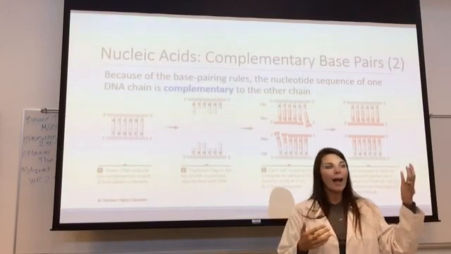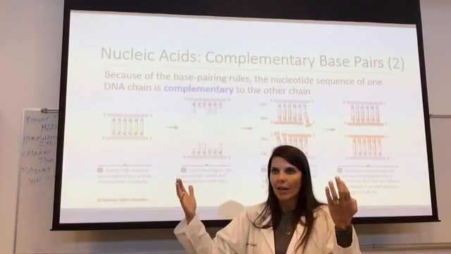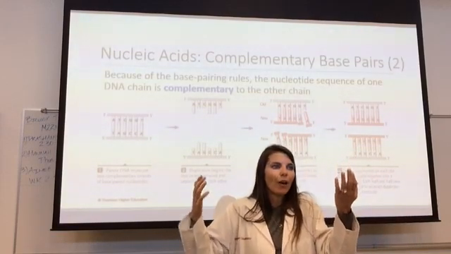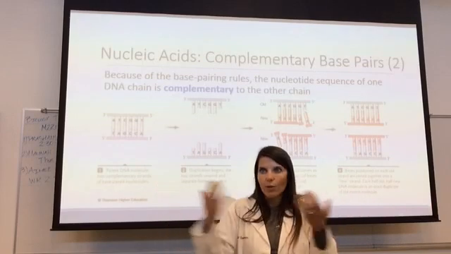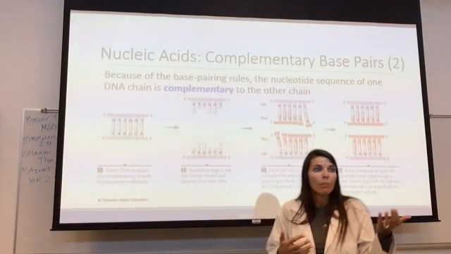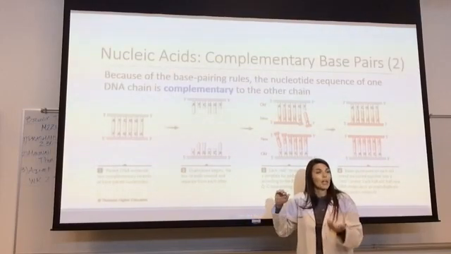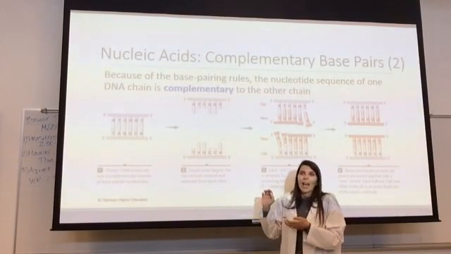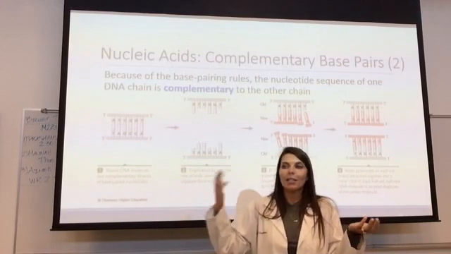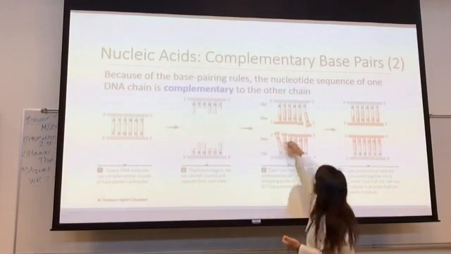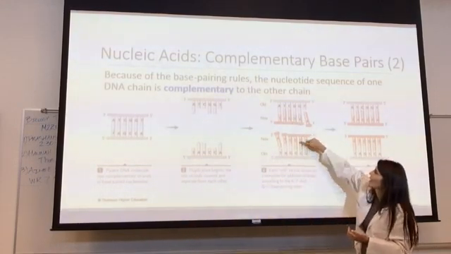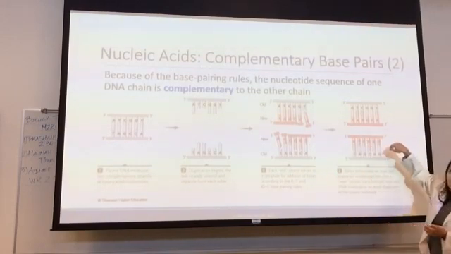If you have a tennis racket, you would not expect a tennis racket and a football. Those aren't complements. So if you have an A, you would expect to have a T if you're talking about DNA. And if you have a G, you would expect to see a C. You can see that occurring here, where those complements are together.